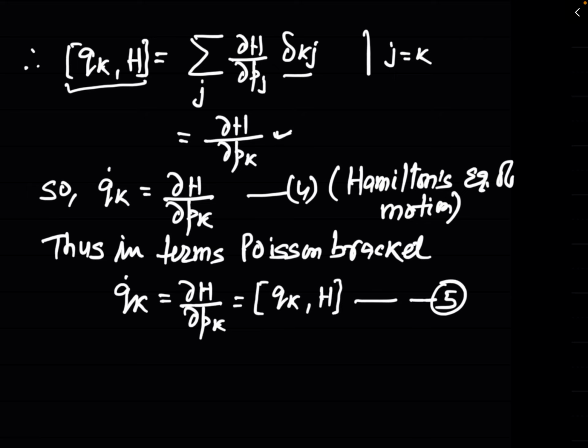Qk dot equal to del H by del Pk, and this is equal to the Poisson bracket of Qk and H.